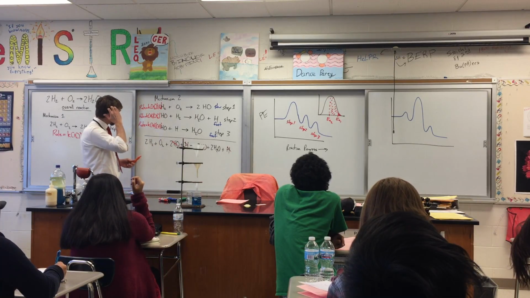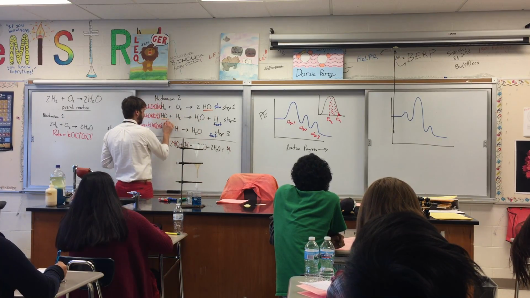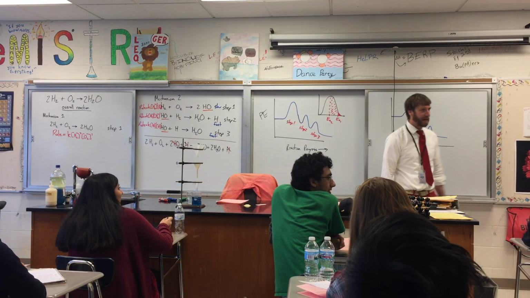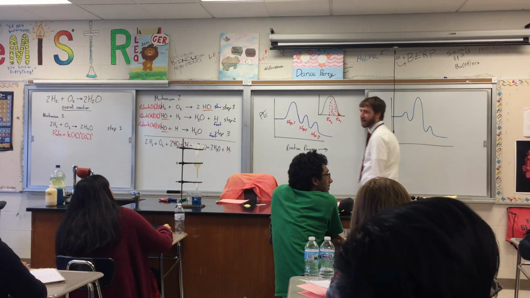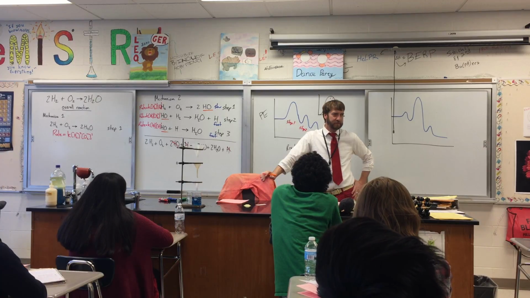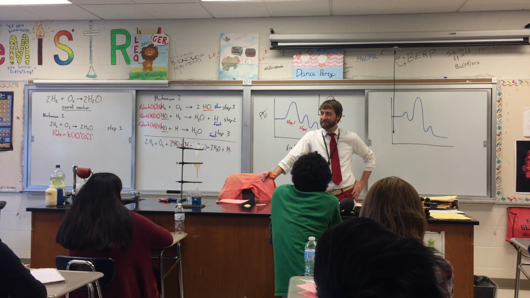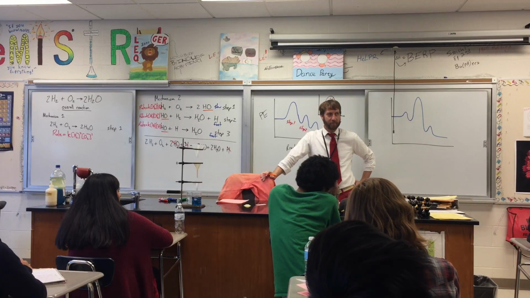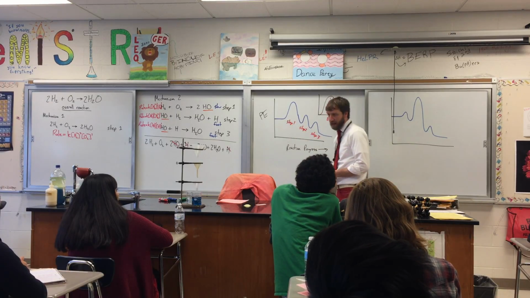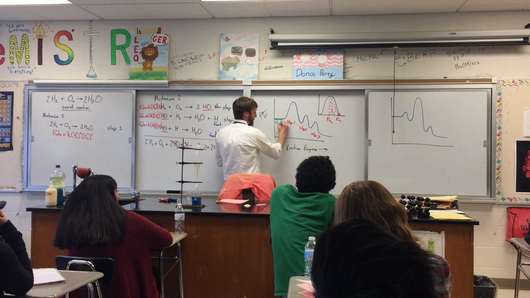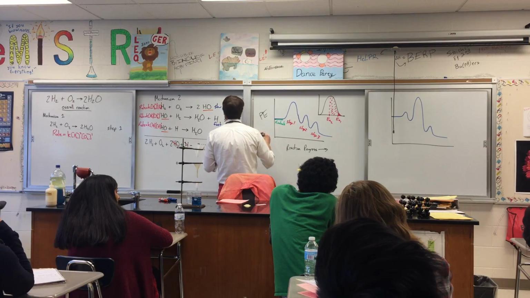Now I also want to talk about these HO molecules that we've produced here. What are they? Reactants or products? The correct answer is neither. Because on this graph, reactants are here, and our reactants are H2 and O2.